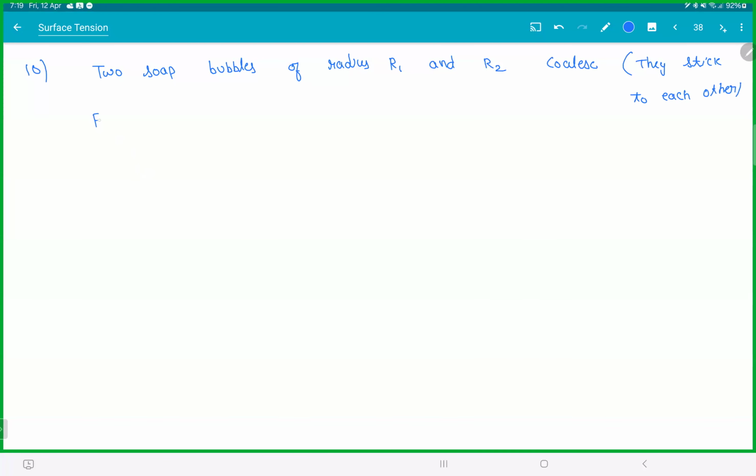Find the radius of the interface. Let me show you how it looks. Find alpha, beta, gamma.